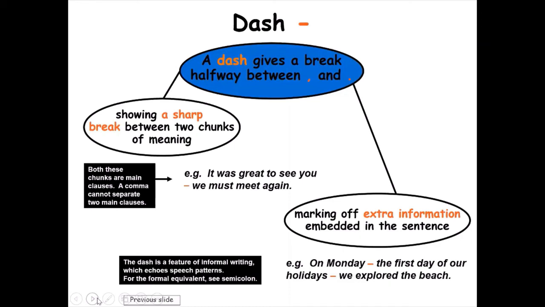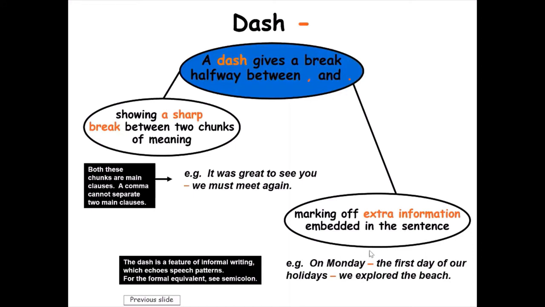Example, on Monday, the first day of our holidays, we explored the beach. You can also use dash to mark off extra information embedded in the sentence.